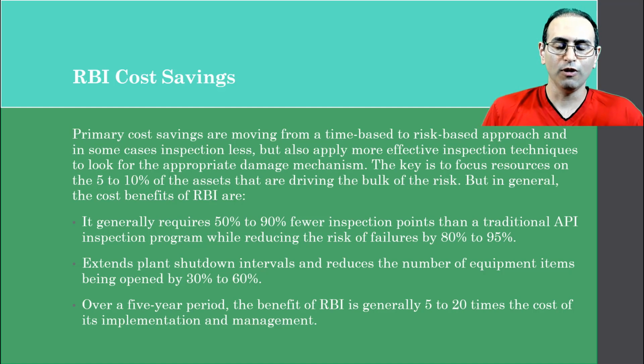Although RBI costs you, for example, in sending people for training, having some RBI specialists on site, and doing some paperwork with management to accept the risk of some of that equipment and move on without doing anything on it, over time it will save you 5 to 20 times the cost that you incurred at the first stage.